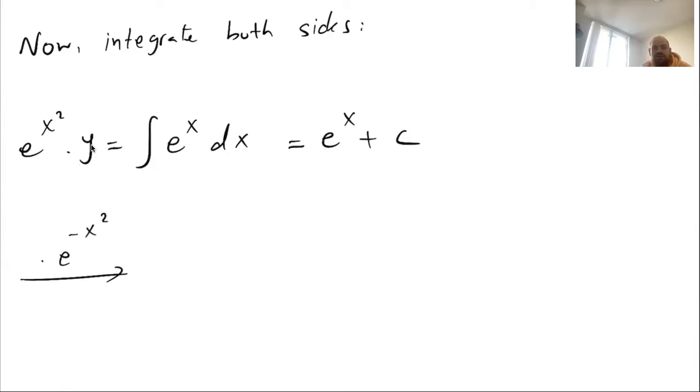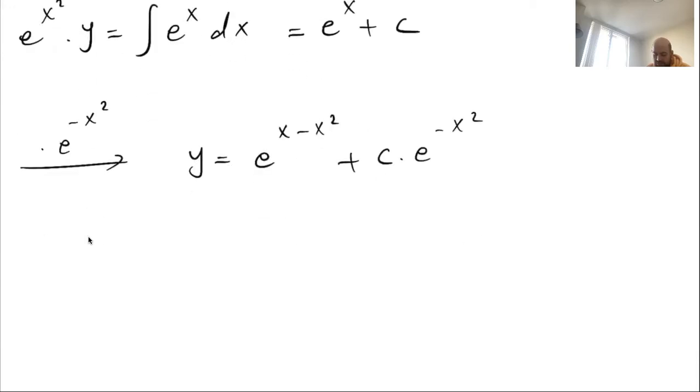My goal is to find y, and I already found y times e to the x squared. I just need to multiply both sides by e to power minus x squared, then y equals e to power x minus x squared plus c times e to power minus x squared.